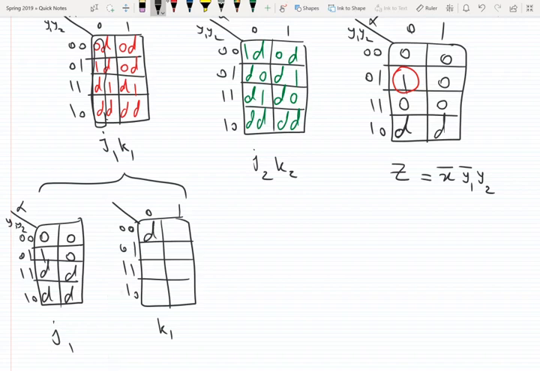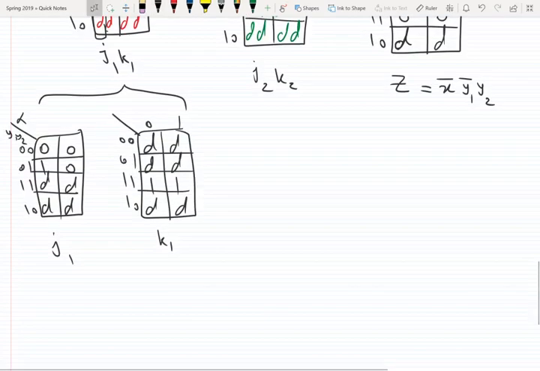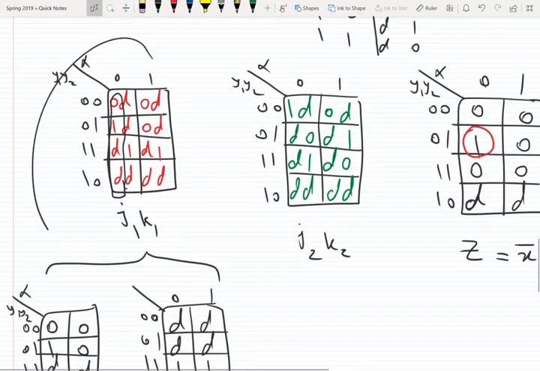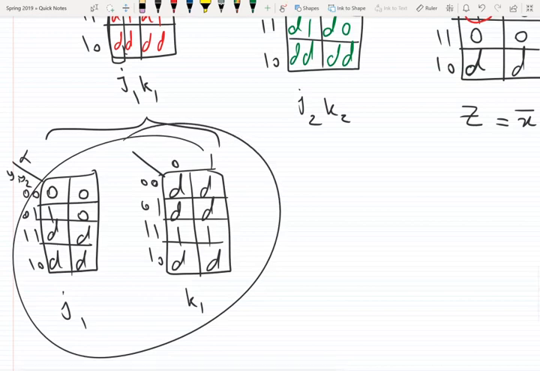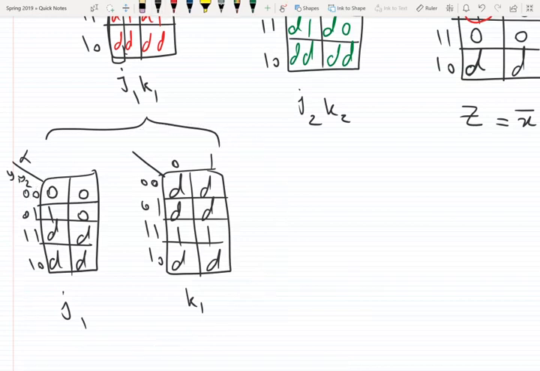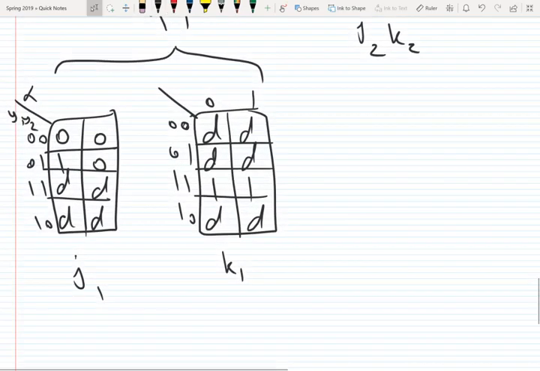It is D D D D 1 1 D D. We just split this table into two individual tables, and now we need to write the equations.